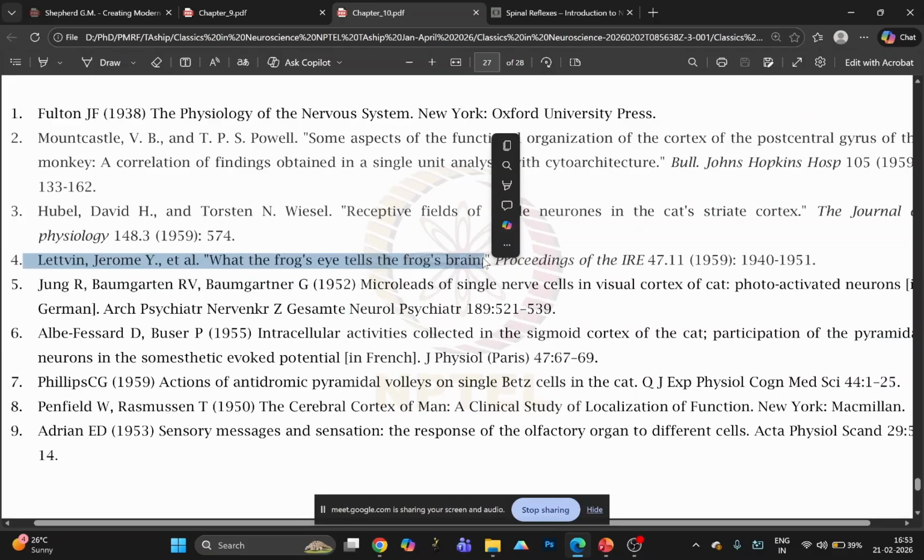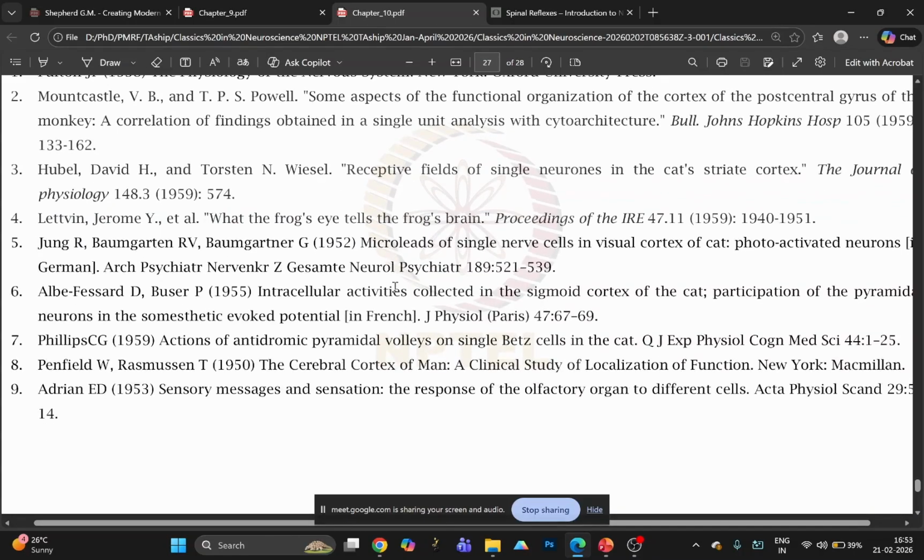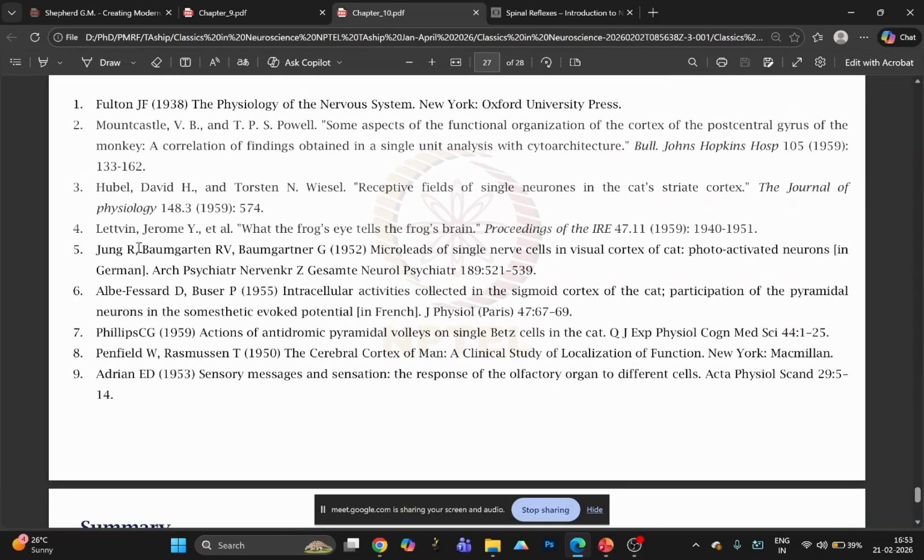Basically, the idea that retinal ganglion cells can act as feature detectors. Then, the paper, which was of course in German, by Richard Jung, who was a German, in which he was, like we discussed, the first one to insert microelectrodes into the visual cortex of cat and make recordings from the visual cortex.